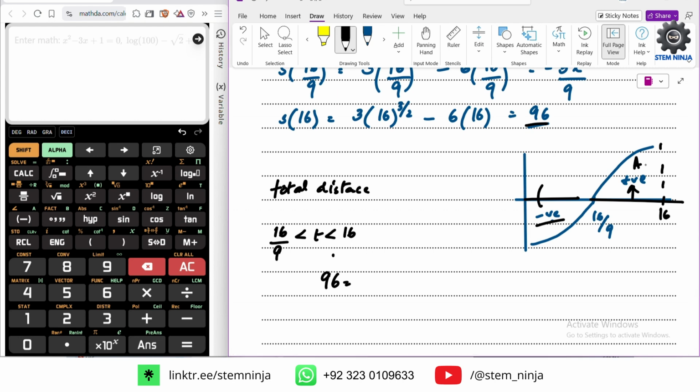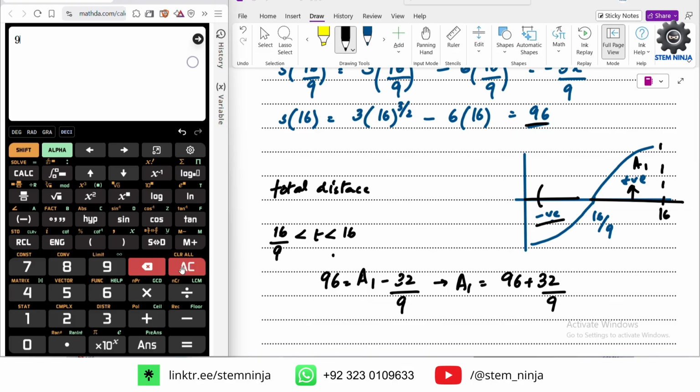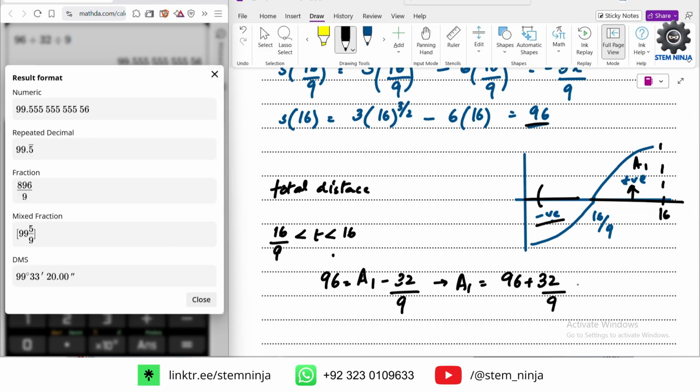Let's call it area 1. So area 1 minus 32 over 9 is 96, so area 1 is 96 plus 32 over 9. So 96 plus 32 divided by 9, this is 896 over 9. Notice that this is just this area.